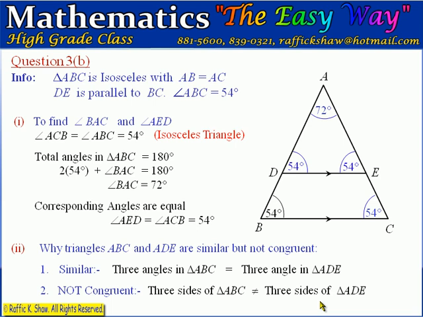Congruent triangles must be equal in every way, meaning they must have equal angles and equal sides. Similar triangles can have different sides in terms of length, but they must have equal angles. And that's the answer for question 3B, and we'll do question 4 in the next video.